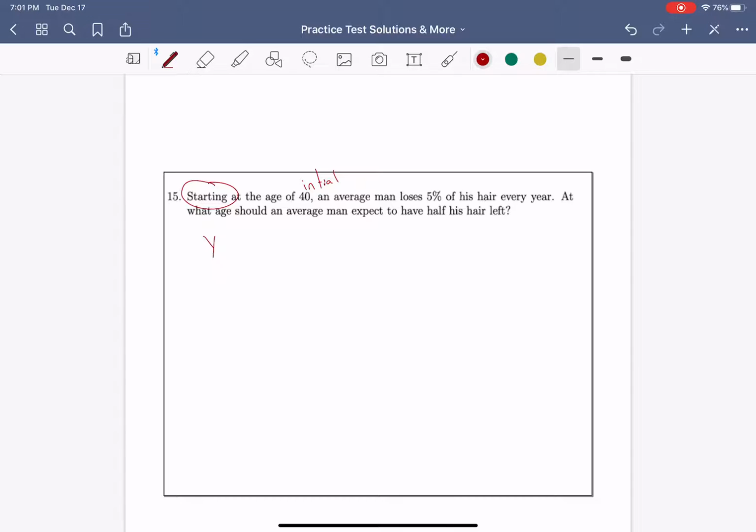So we remember we want to make a times b to the x, or P(1 + r)^t, or P(1 + r/n)^(nt), or Pe^(rt).